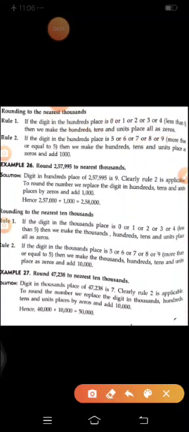And if the digit is greater than 5, then we add 1,000 and make the 100, tens and unit place 0.